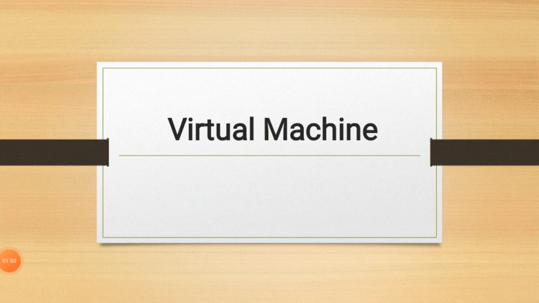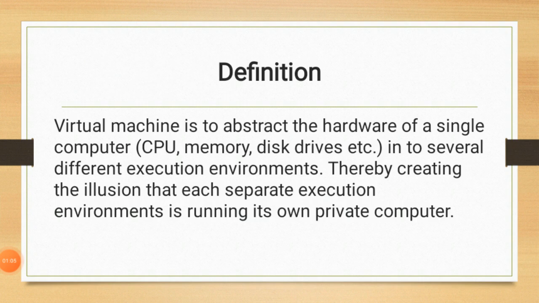So how do we define this virtual machine? A virtual machine abstracts all the hardware components into several different execution environments, creating the illusion that each separate execution environment acts as its own private computer.